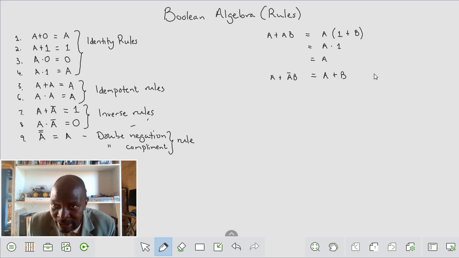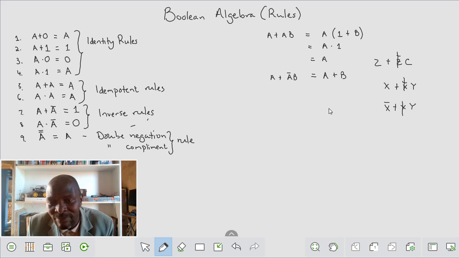We are basically saying in any scenario Z or not Z with something else, C will mean that can fall away. X or not X, Y, for instance, that will fall away. As long as it's a variable, remember, it also means not X or X, Y, it means that one will follow as long as the one or the inverse of, in fact, let me just call it the one.